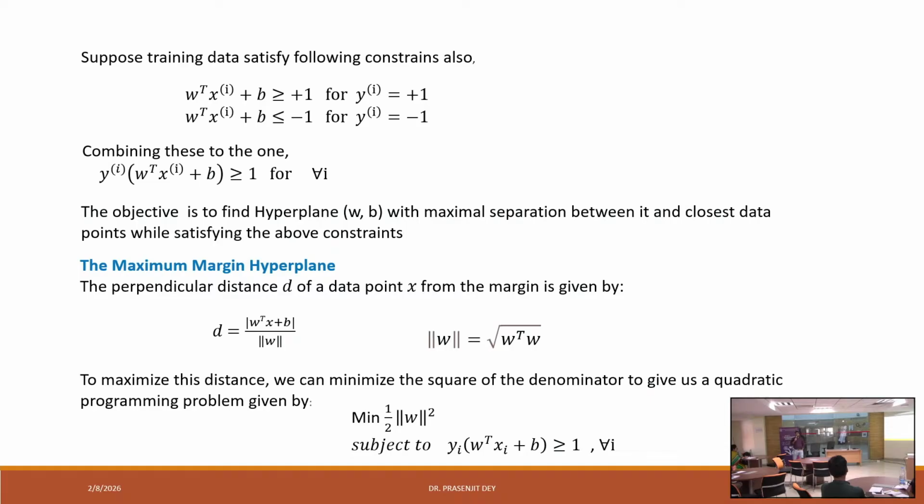Now in this case, to optimize anything, we need to take the differentiation with respect to w and make it 0. So if this is the error E, I need to take del E by del w and make it 0. We are going to get an optimal value of w. If I take the first order derivative of this equation with respect to w and make it 0, that is the minimal point.